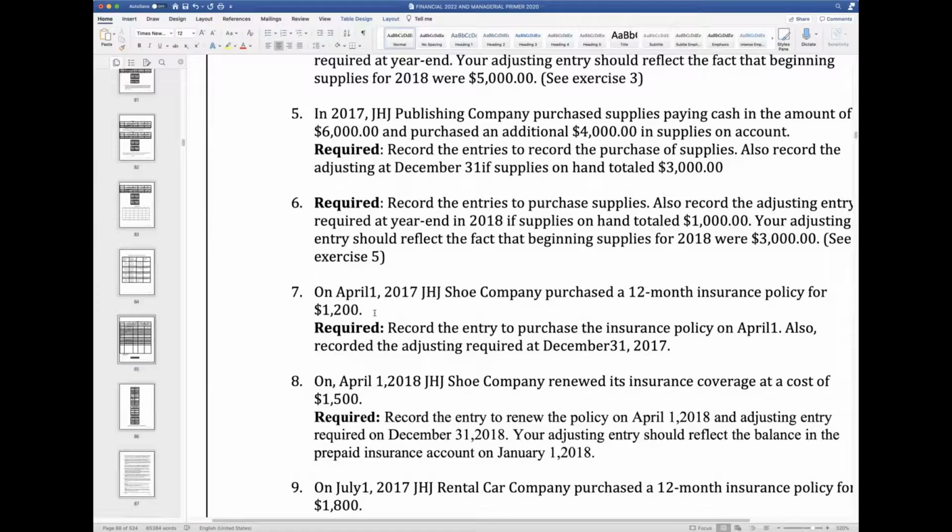Then when April 1st of 2018 came around, it jumped to $1,500. How much money are you going to have to pay in 2018? Every month, all 12 months. 125.